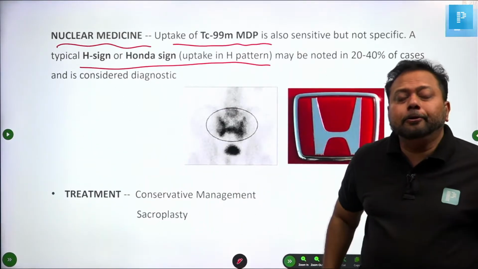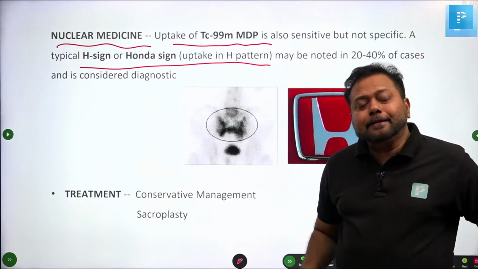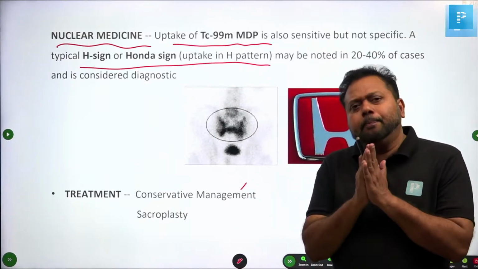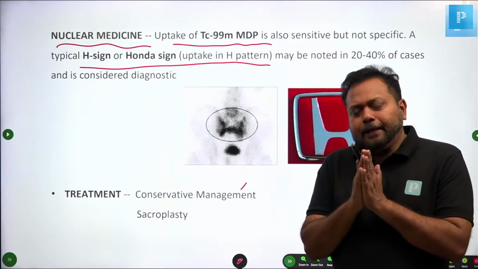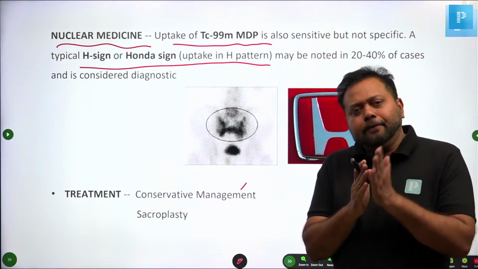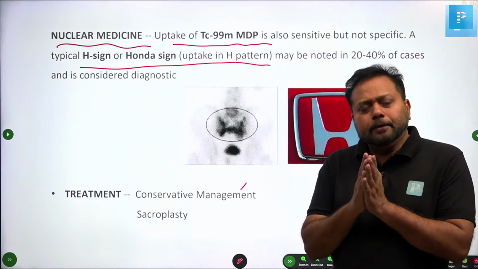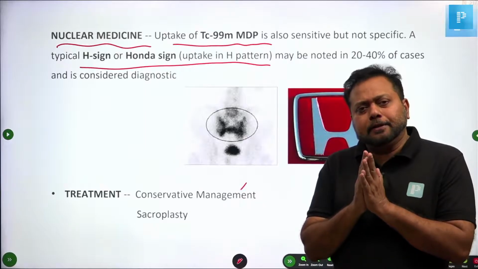How are we going to manage? Most of the cases can be managed conservatively. Conservatively means just giving bed rest, some painkillers, and you see whether the patient has any osteomalacia, they are replaced with vitamin D. Mostly it will settle.